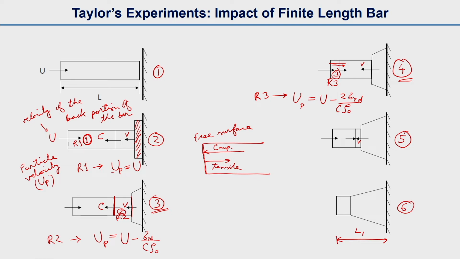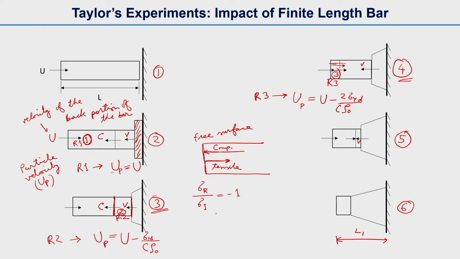In an earlier lecture we showed that the stress of the reflected wave divided by the incident wave is -1. That means for a free surface, a compressive wave will reflect back as a tensile wave.